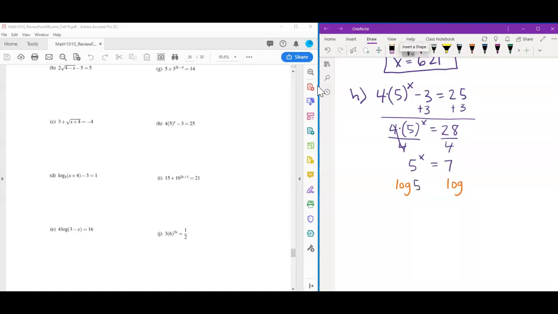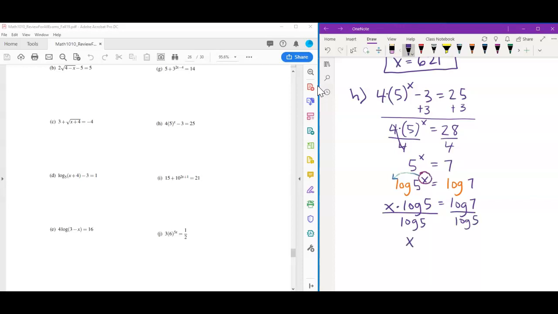So log of 5 to the x equals log of 7. And now this x can actually go out in front, right, and be multiplied there. So we want to put that out in front. So we've got x times log of 5 equals log of 7. And then to get x by itself, we're going to divide by log of 5.